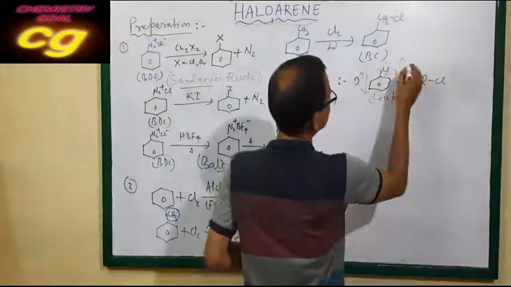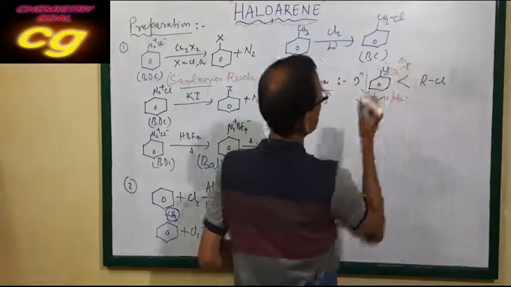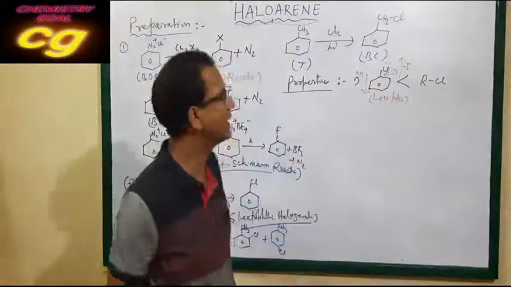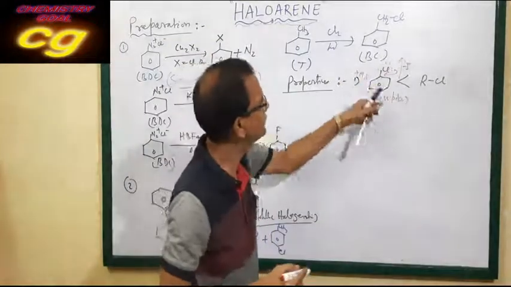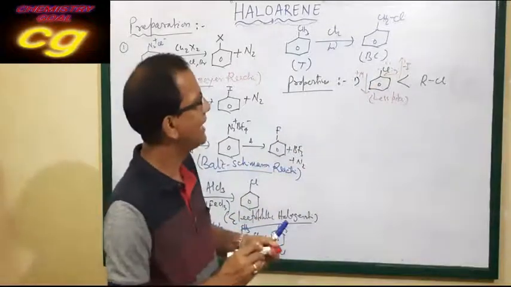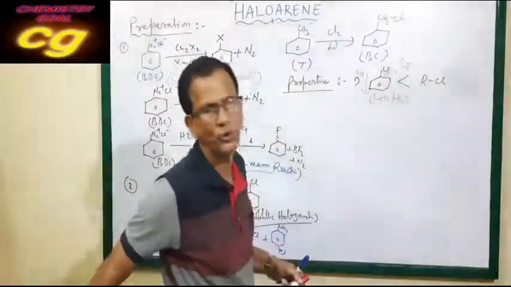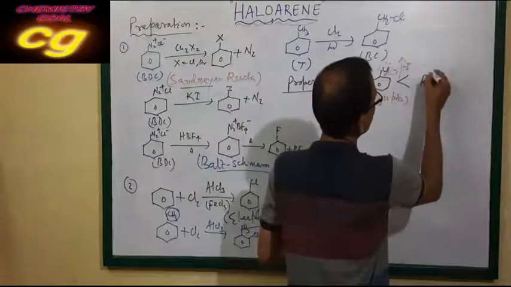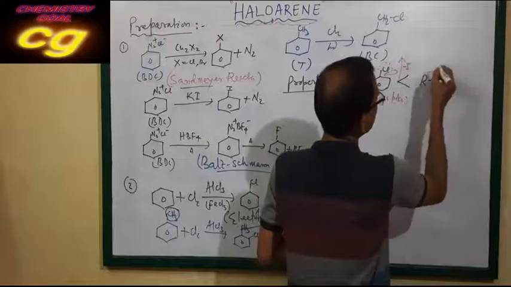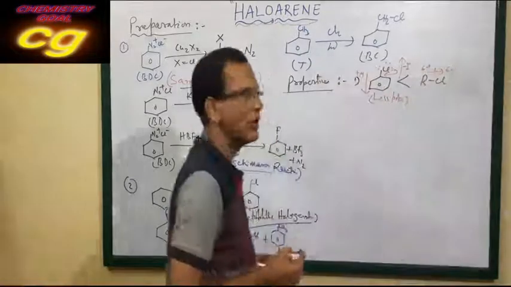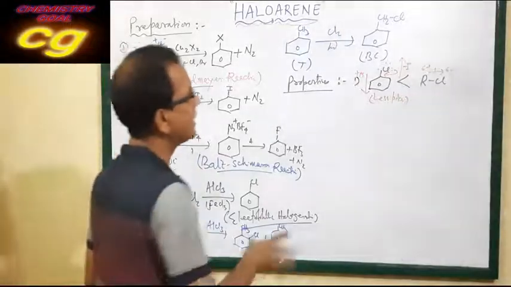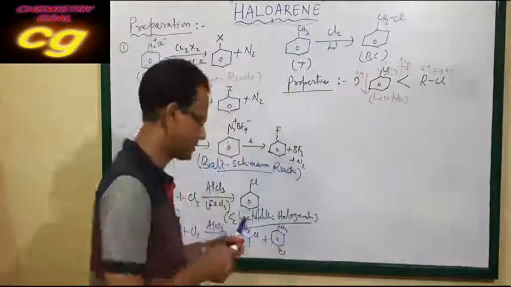This is the inductive effect, minus I, and this is your plus M towards the ring. Resonance and inductive effect are both in opposite directions, and that's why polarity is less. But in case of RX, it is in one direction, partially negative, partially positive. That's why haloalkanes are more polar than haloarene. This is your first characteristic.